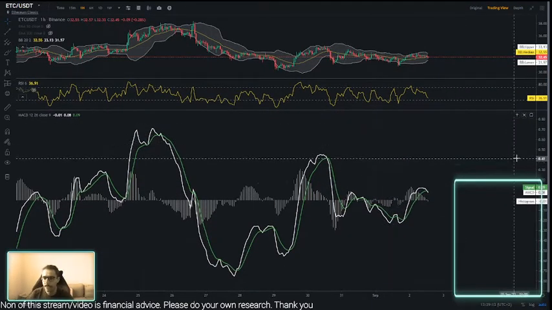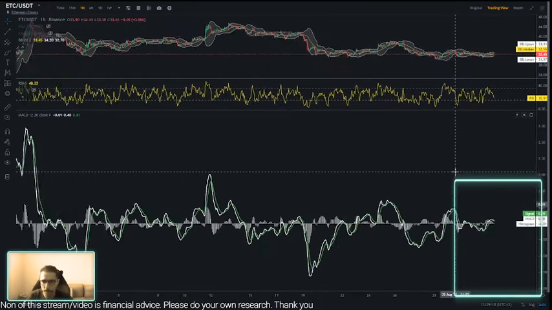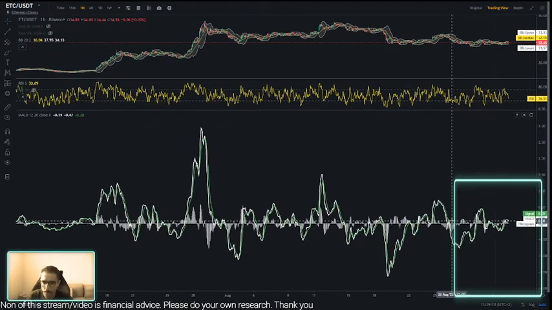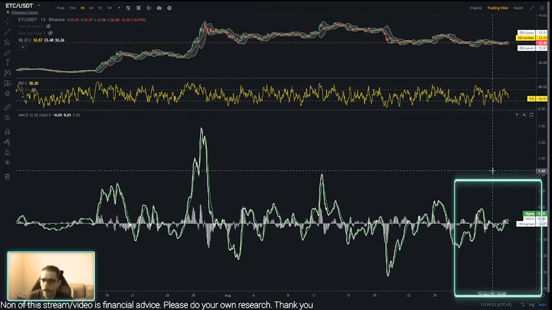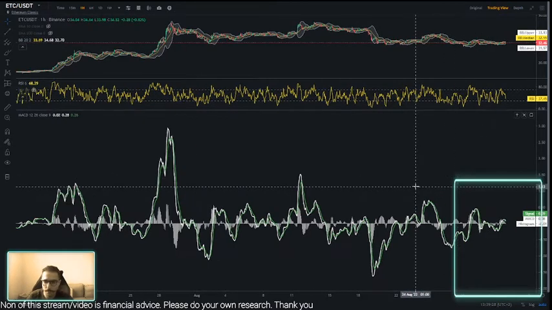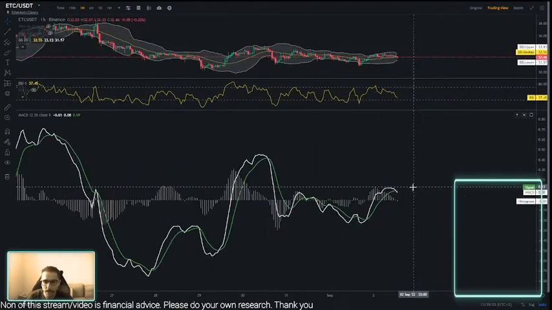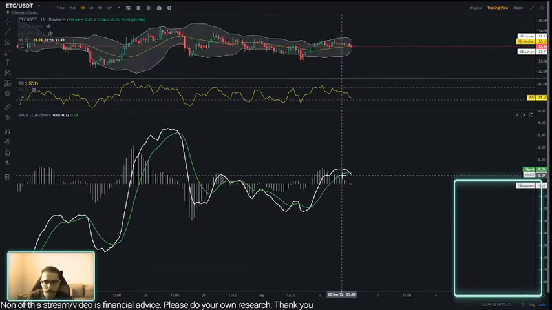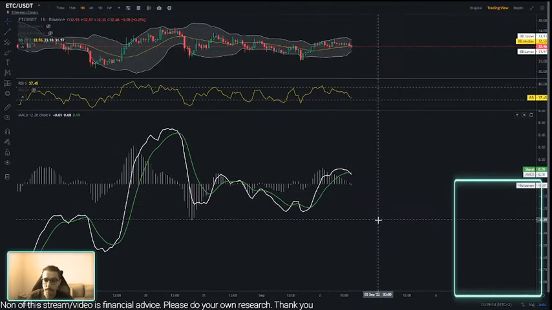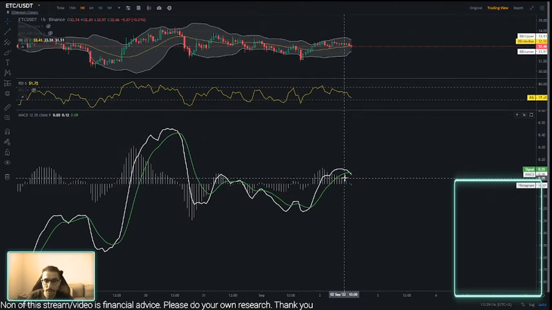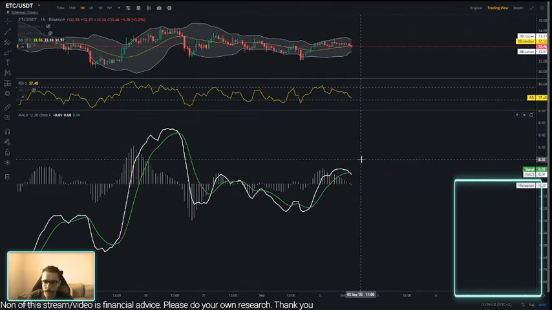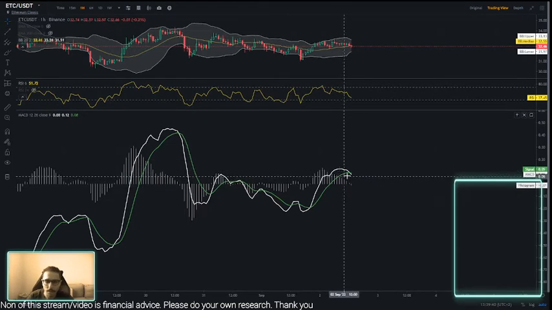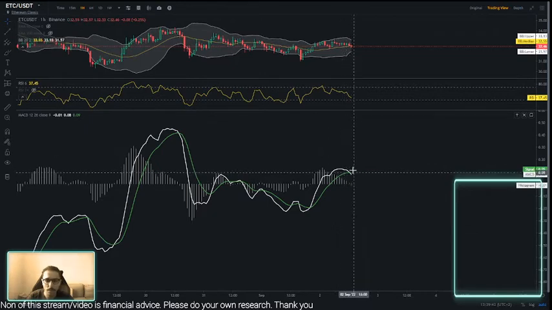So MACD is here in slightly positive territory. That's not huge, because it's 0.09 for the signal line and 0.8 for the MACD line, but still positive, so that's a good thing. The signal line just crossed the MACD line here, so this is not a good sign.